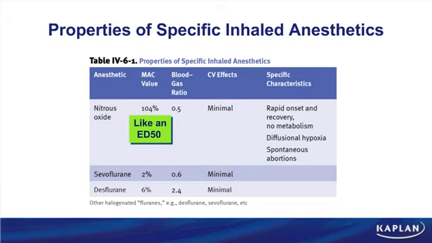Desflurane is going to be much slower. Basically, it's going to be more soluble in the blood and slower to move into the CNS. If a drug has a rapid onset, you would expect that it will have a rapid recovery as well. That's true for nitrous and sevoflurane compared to desflurane. Remember, the lower the number, the more rapid the onset.